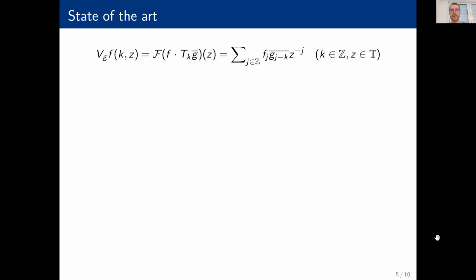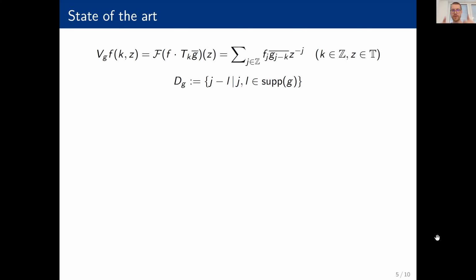Okay, and now in order to define what I mean by connectedness, we can look at the following set DG, which just contains differences between every two entries which are in the support of G. And how does this set help us to characterize recovery or connectedness? Well, let's picture the setting of the last slide where we have a signal in the first row and the window in the second row.